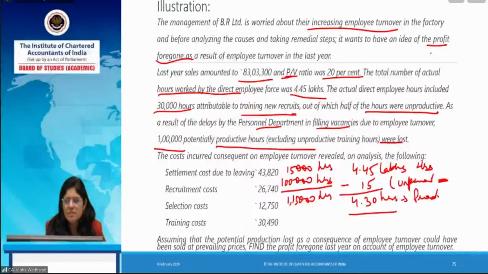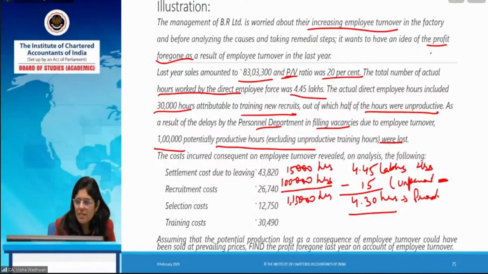Clear? So I have understood the whole scene. There were 4.45 lakhs hours which were used by direct workers. Out of this, they were given training also, 30,000 hours, out of which 15,000 hours were unproductive. Over and above these 15,000 hours, 1 lakh productive hours were also lost because of delay in the recruitment process. Clear?